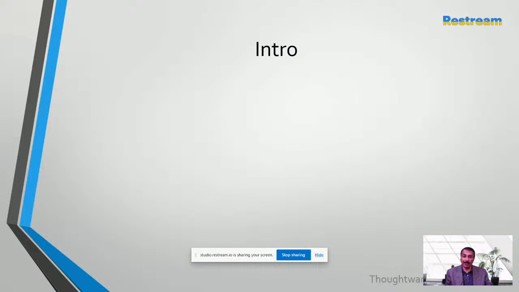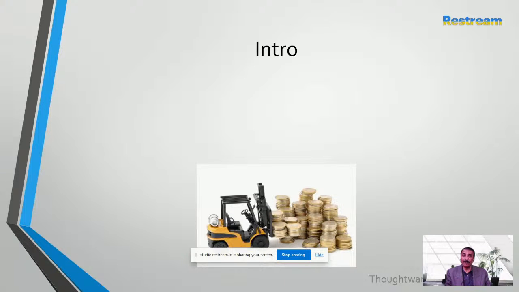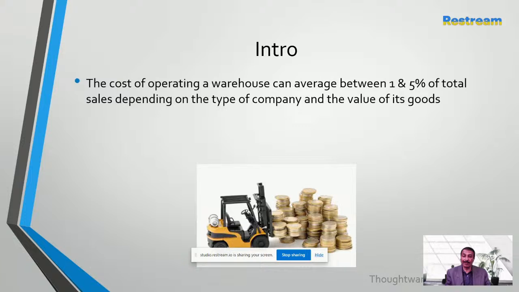Coming to warehousing cost, we should know how much it costs to operate a particular warehouse operation for a particular customer. The cost of operating a warehouse can average between 1 and 5% of total sales, depending upon the type of company and value of goods.